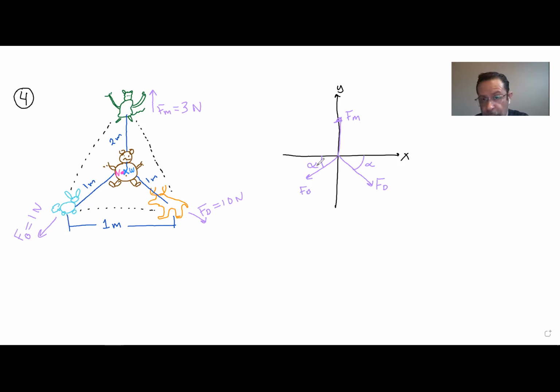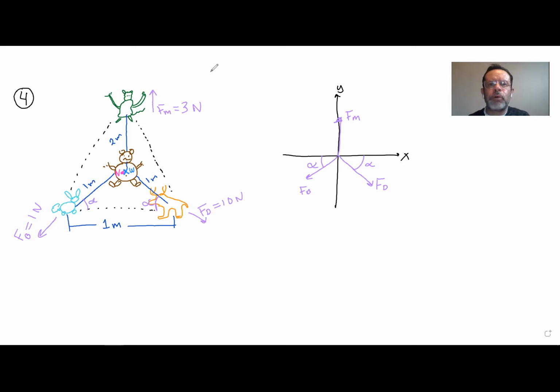Would all of you agree that that angle is the same one? Why? Because of the configuration of the triangle. We are talking about this angle here. This is alpha, and this is alpha as well. We don't know that angle, by the way, right now.